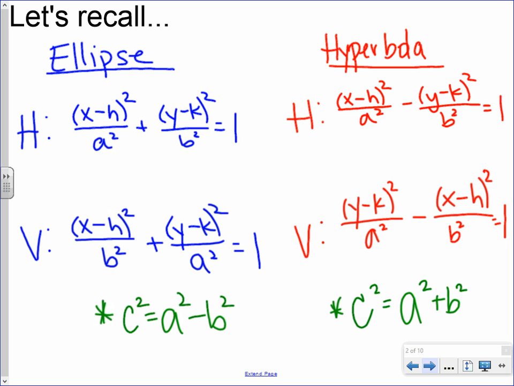For each of these conics, you need to know three things in order to be able to write your equation. You need the center, h, k, you need A, and you need B. Now, you may not directly be given the center, A and B, but with enough information, you should be able to figure it out.